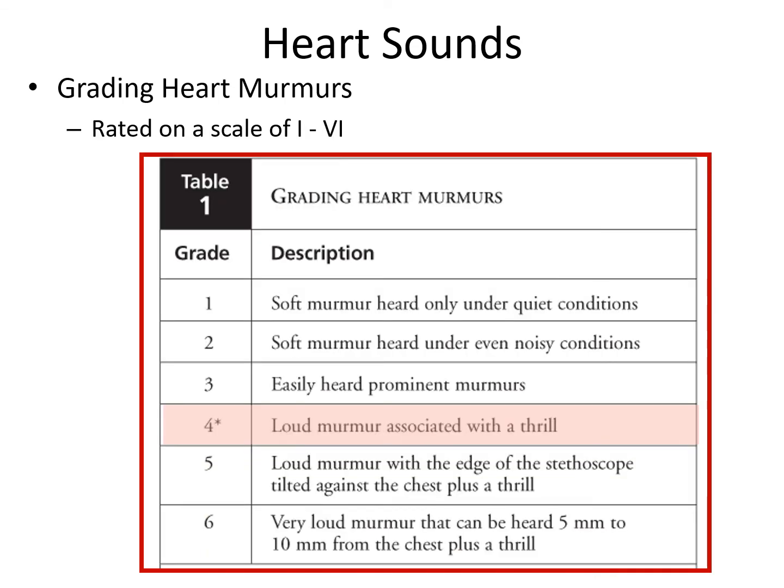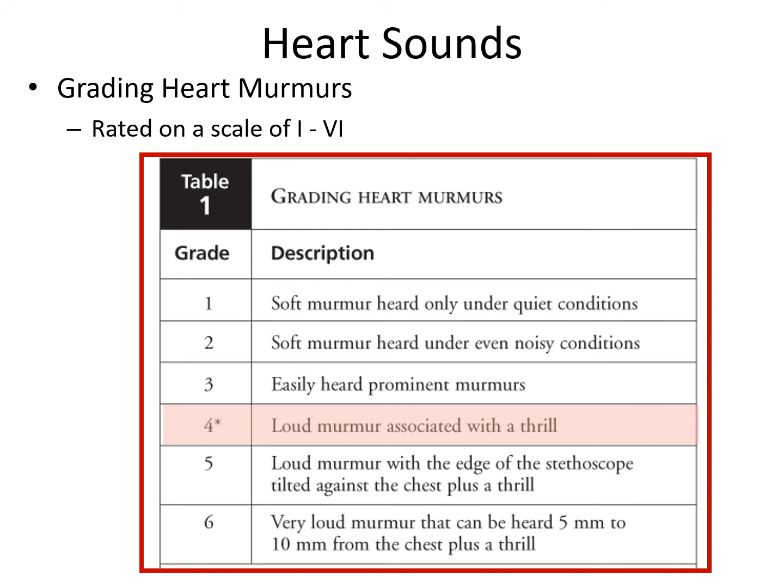Now we have a scale to grade murmurs. Of course, I don't expect you, and nobody really in the hospital, unless you work in a specialty area, maybe as a nurse practitioner, would really expect you to grade the strength of the murmur.